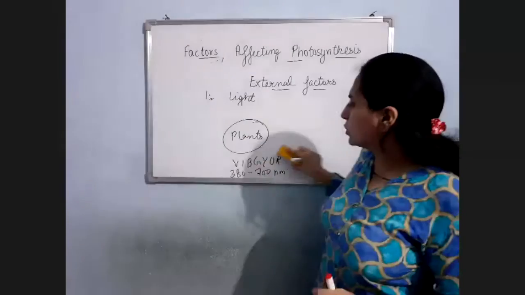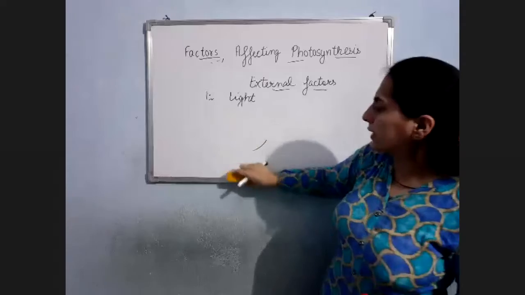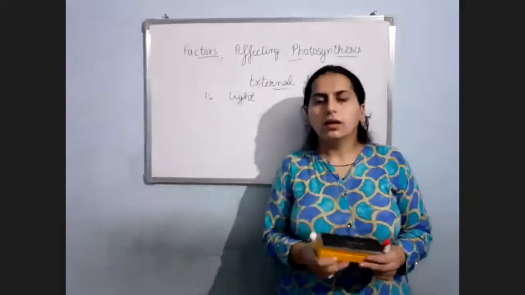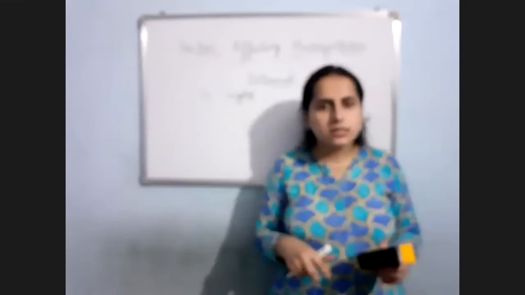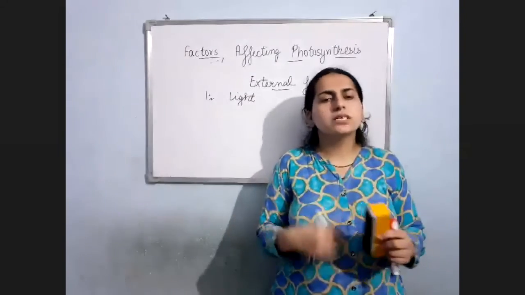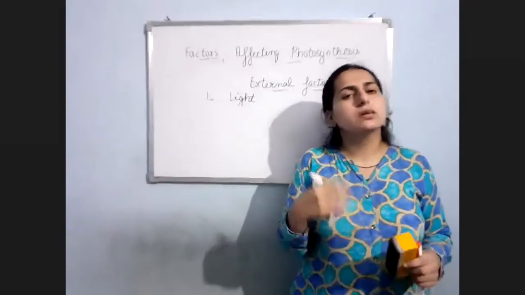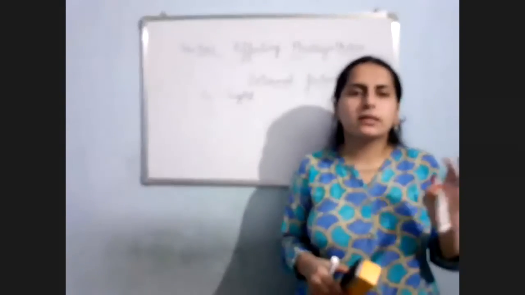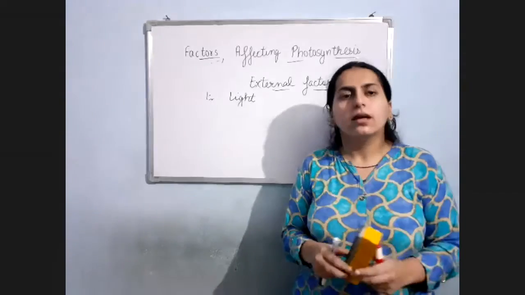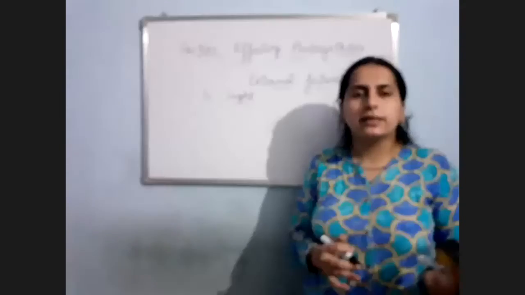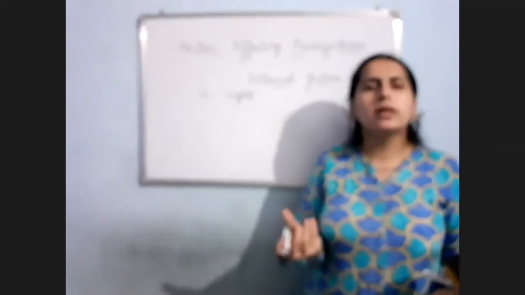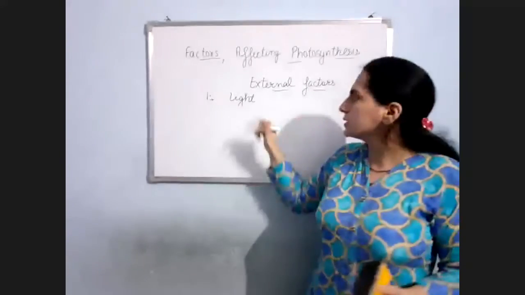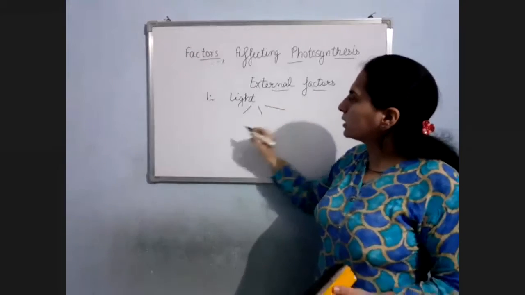Clear? So now let me talk about light as an external factor. Plants take the sunlight. As you know, the major source of energy on the earth is the sun only. So plants take the light from the sun, that is solar radiation. Now the sunlight, or normal light also, has three components or three factors basically.